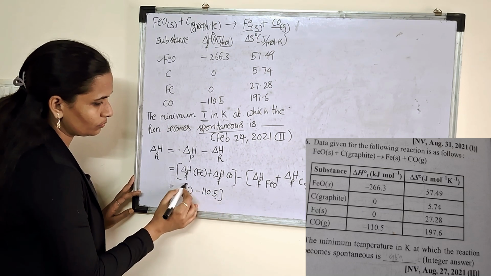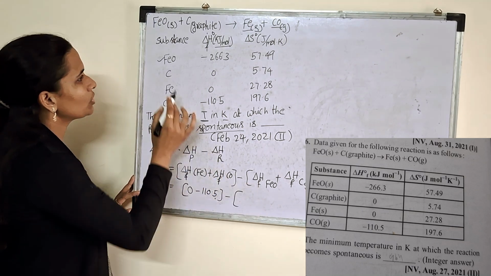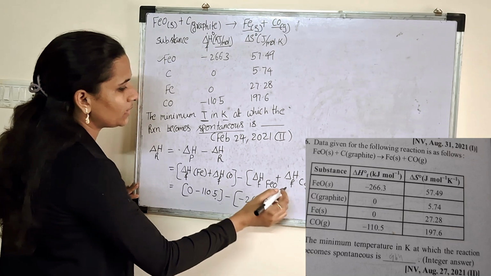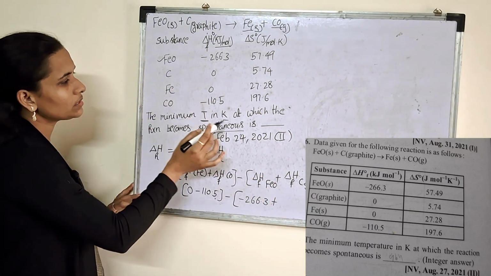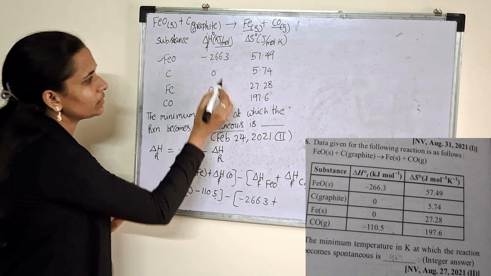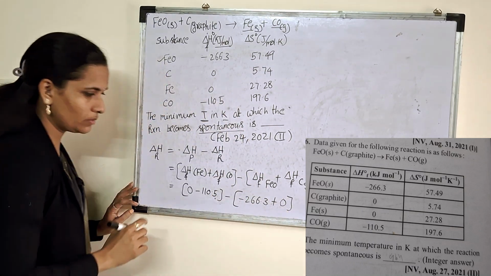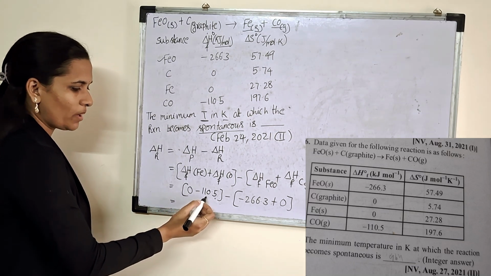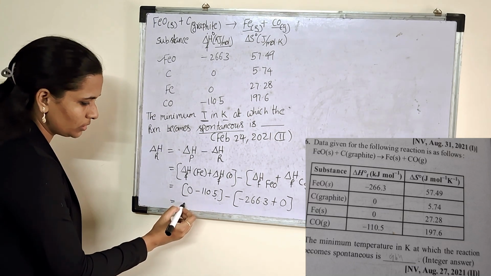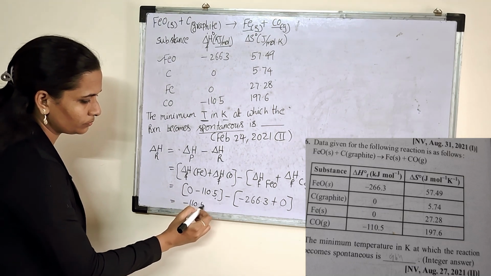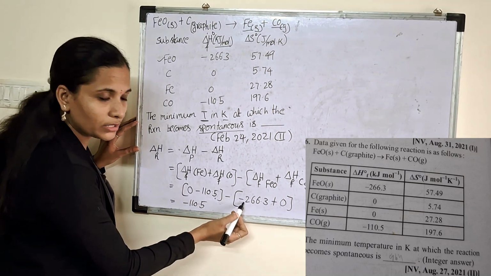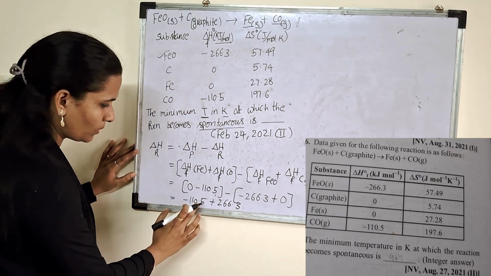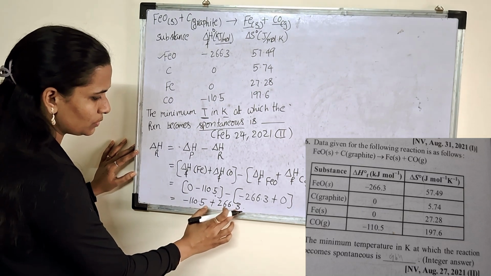This is the product value, minus delta H formation of FeO, which is minus 266.3, plus delta H formation of graphite, which is 0. Substituting the values: 0 minus 110.5 is minus 110.5, and minus of minus 266.3 becomes plus 266.3.